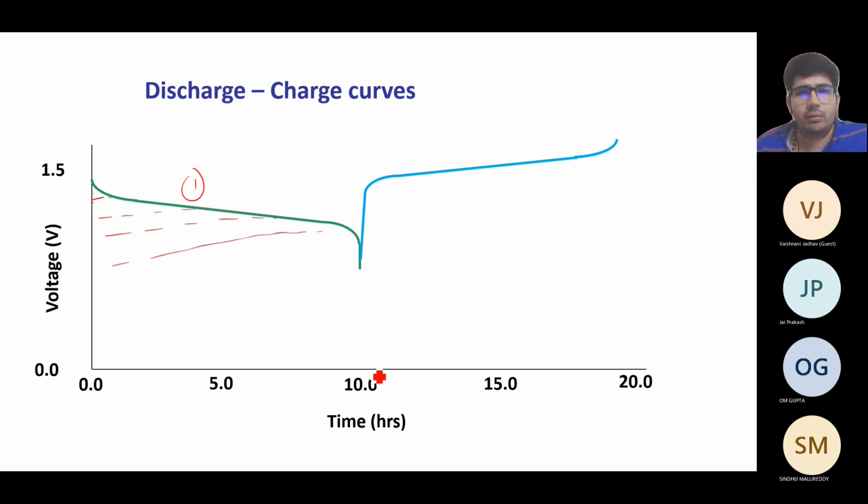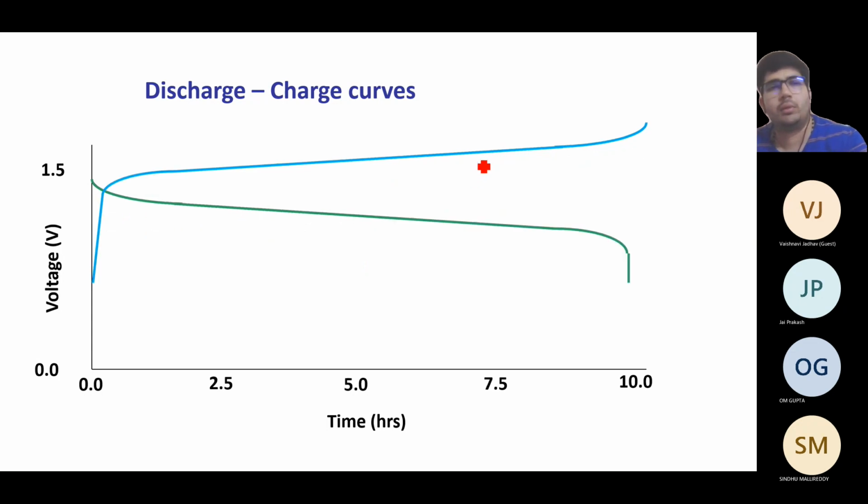Similarly, in charging, you can see the voltage is increasing with the charging. Both curves can be overlapped in one curve. So this is discharge, and this one is charge.